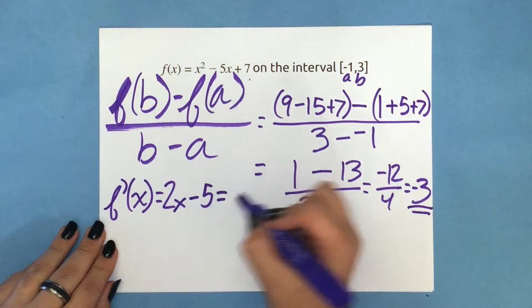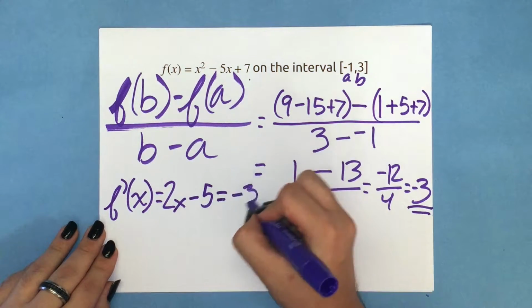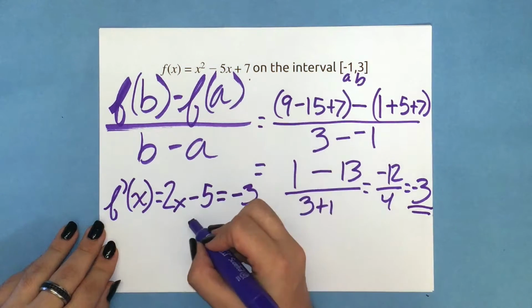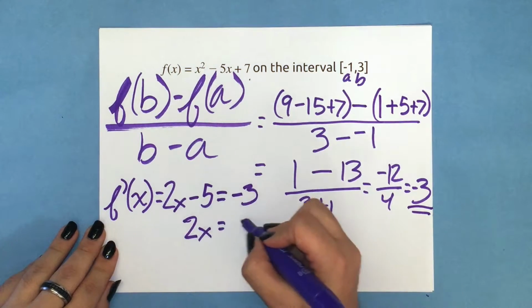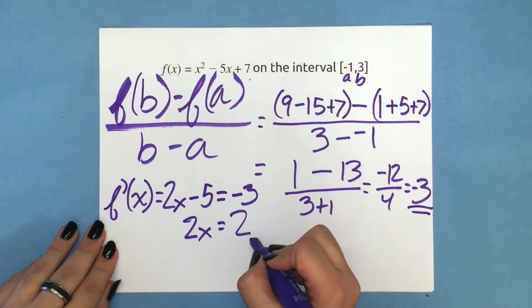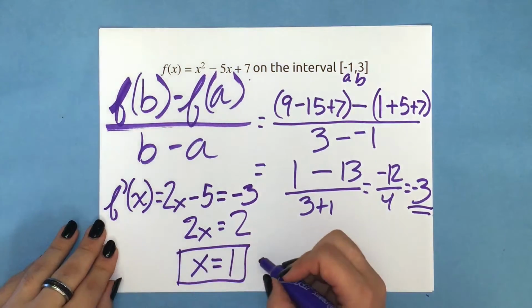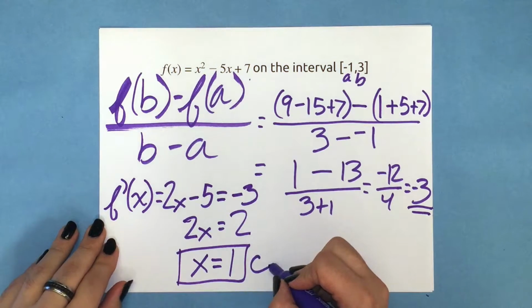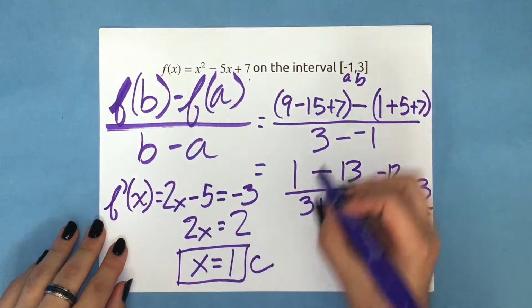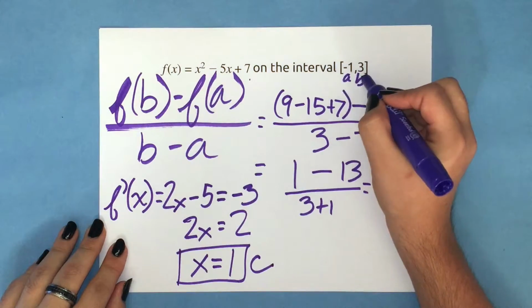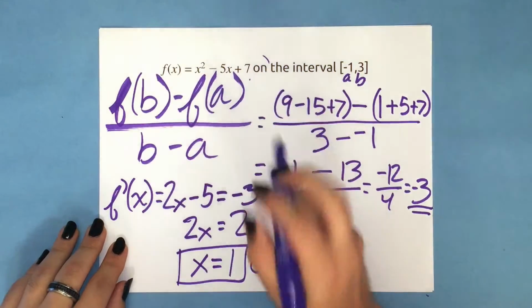Now we want to see, is there some x value where that is equal to -3? Bringing over the 5, we get 2x is equal to 2, and dividing both sides by 2, we get x is equal to 1. Which means that 1 is now our c that satisfies the mean value theorem, if -1 and 3 are our a and b, and this is our function.